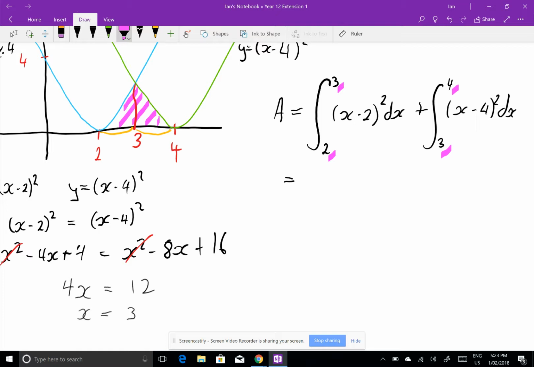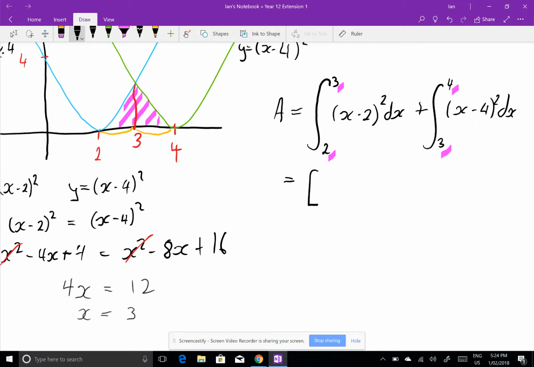We could expand those brackets and do it a bit differently, but because they're linear, remember when we integrated, we can use the fat finger rule in reverse. I don't like calling it the fat finger rule, because you're really doing it by substitution, but let's go anyway. So let's just do this first one.